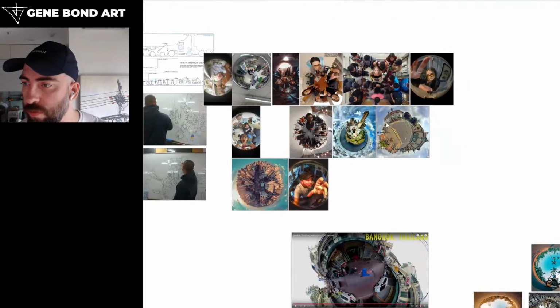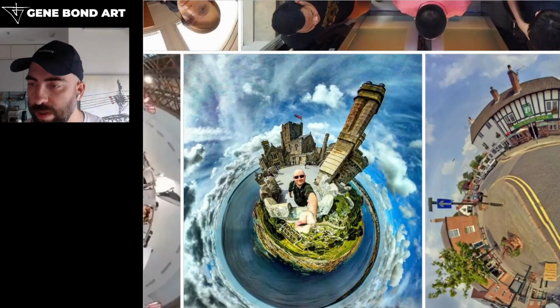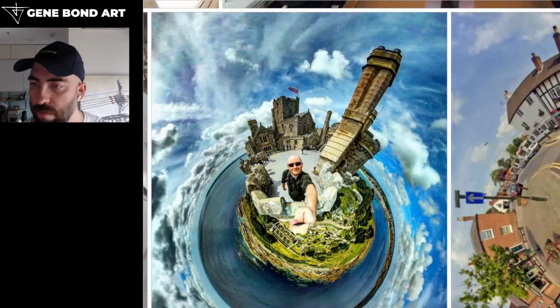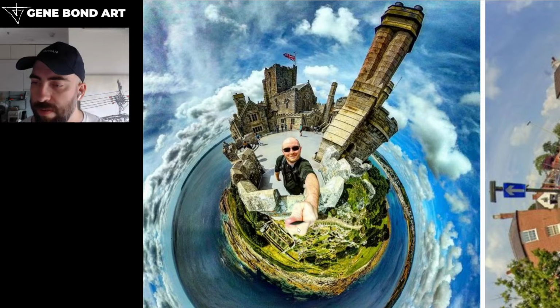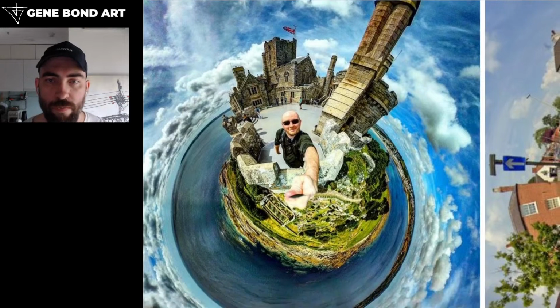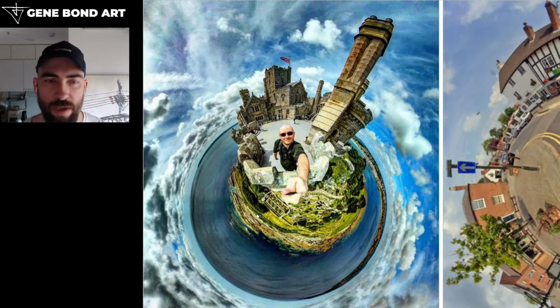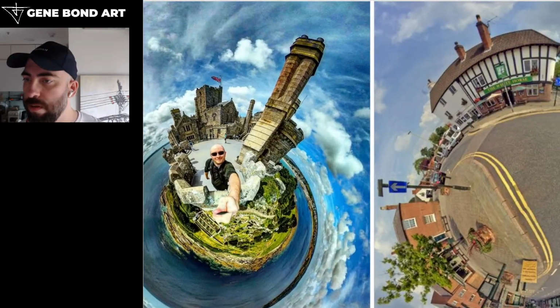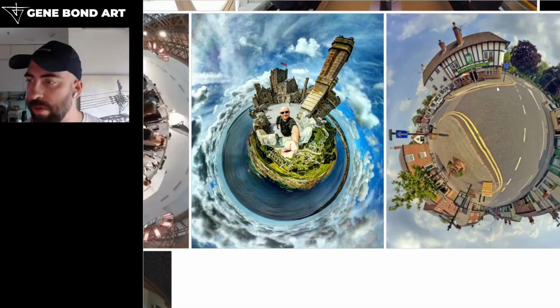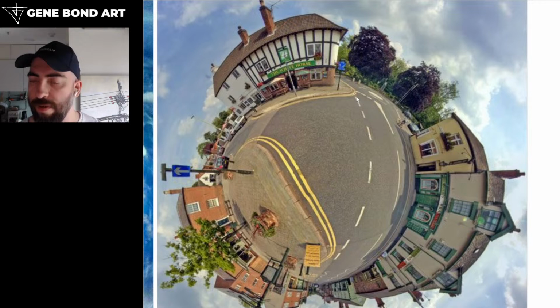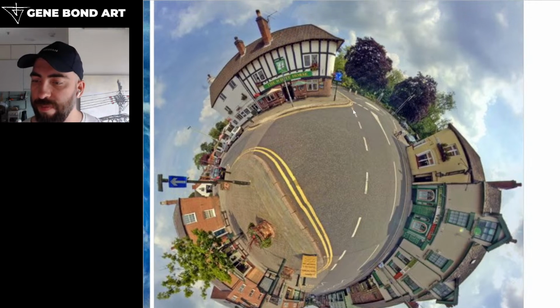And if the camera looks up, so here again you see the camera looks down. Some dude standing on a castle with a view to the seaside, and it's just a great illusion, like it's a small planet.